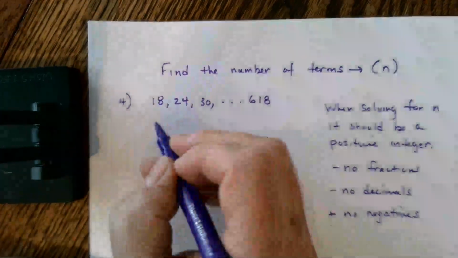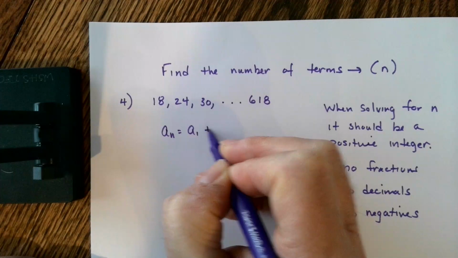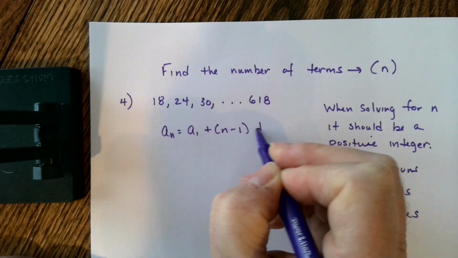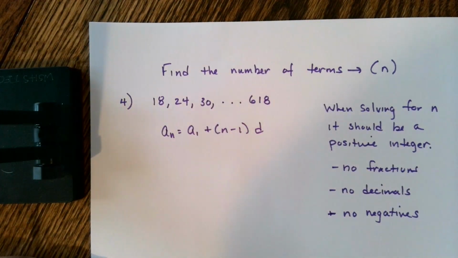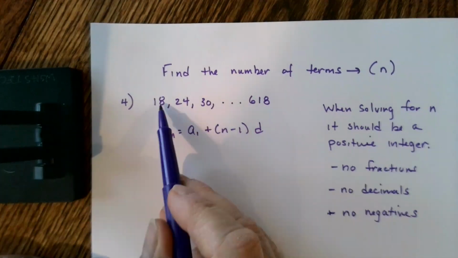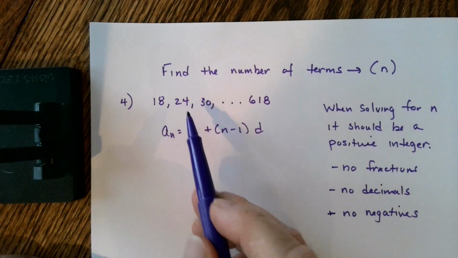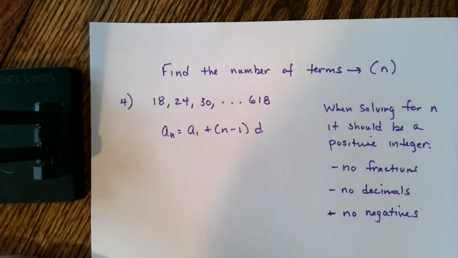So let's see, once again, we're trying to fill in as much information as we can for the explicit formula for an arithmetic sequence. Again, how do we know this is arithmetic? Well, 24 minus 18 is 6, 30 minus 24 is 6, so this is an arithmetic sequence.